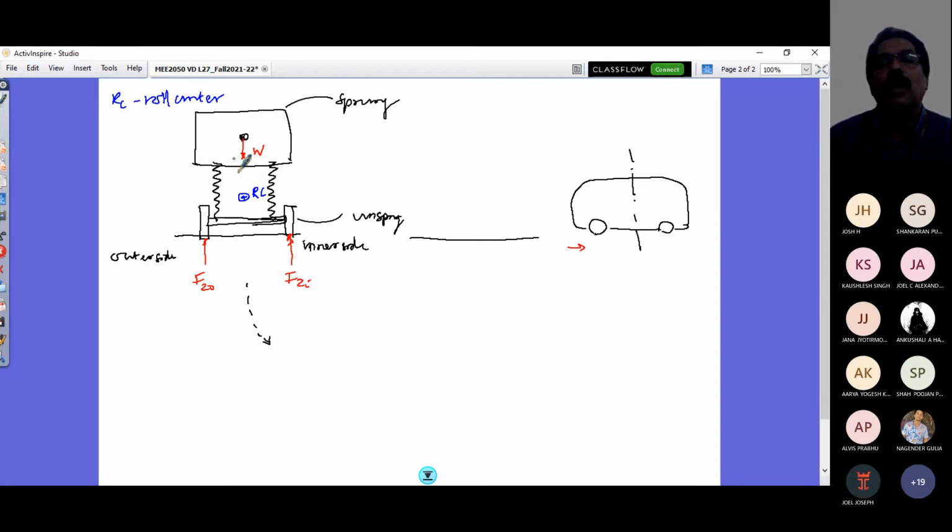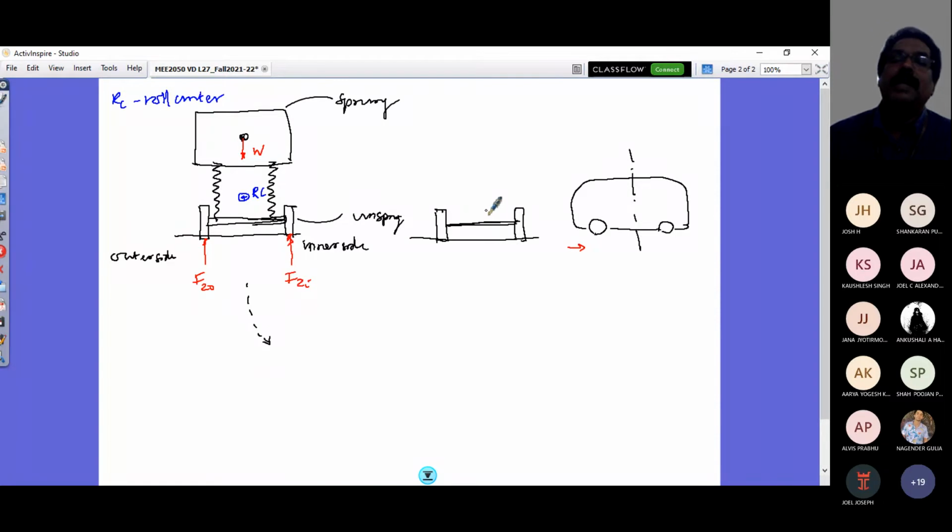When you consider a small roll of your sprung mass, that is the diagram I'm going to draw here now. So I would have my axle, outer axle, and then inner axle slightly more than this dimension. And the small rotation of that is neglected. There is a roll of your unsprung mass as well, right?